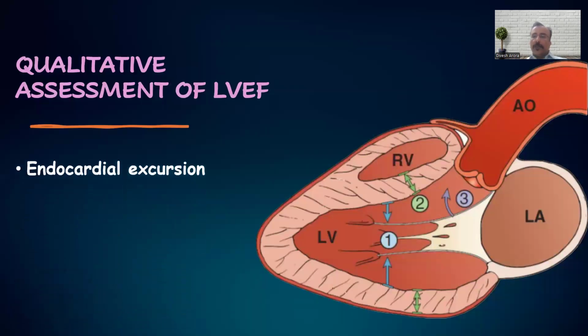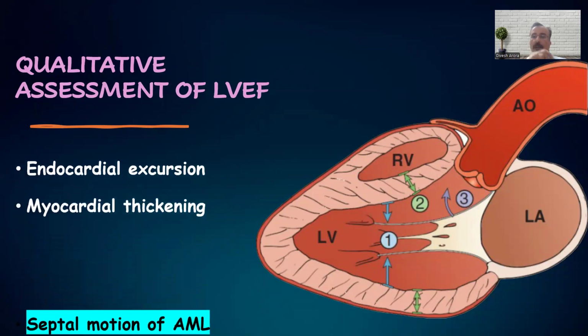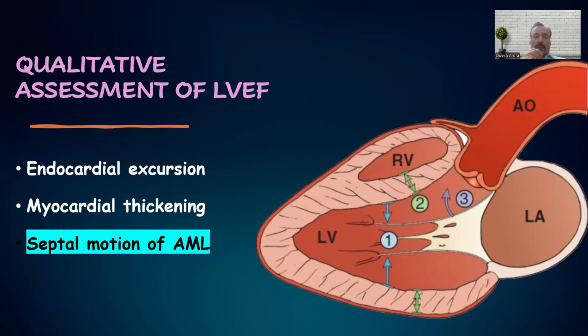So how do we actually assess whether my LV is normal and term it as a normal ejection fraction? First and foremost, in parasternal long axis view, we have to observe the movement of the endocardium towards the left ventricle cavity. Next step is, like our peripheral muscles, if I contract my muscle, it gets thickened.